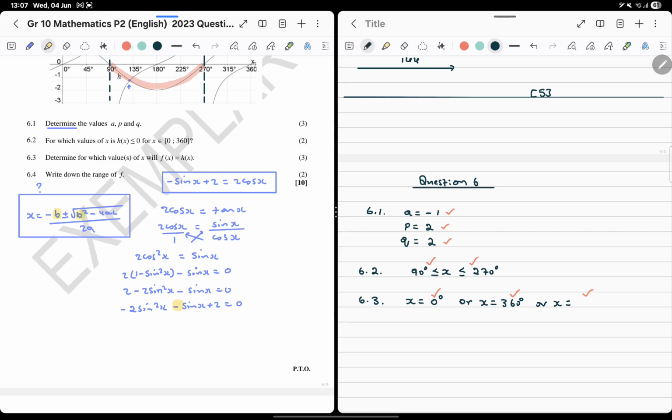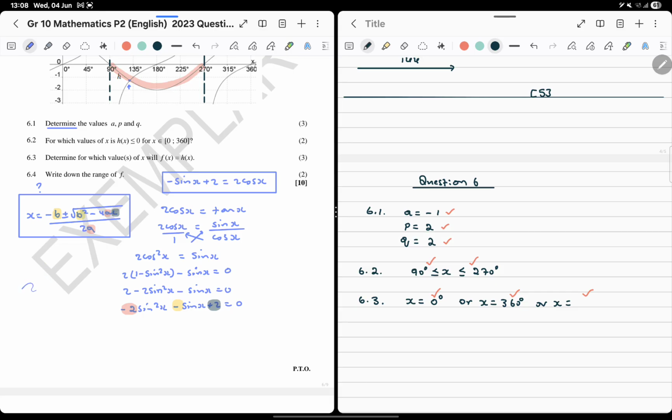A is the coefficient of the highest power, which is sine squared x. So that's what we're going to substitute there. And then c is the constant term. That's what we will put in there. Okay, so let's go for it.